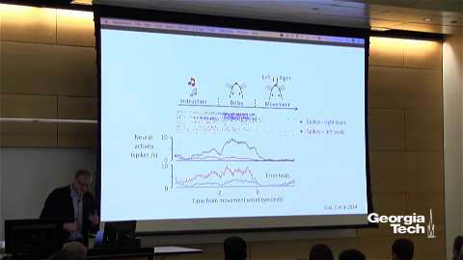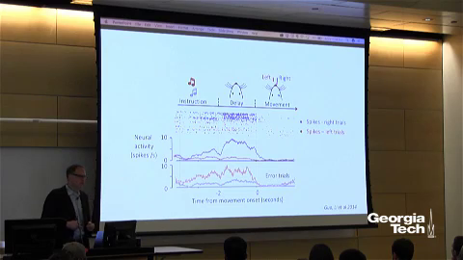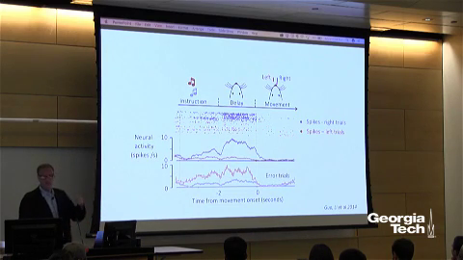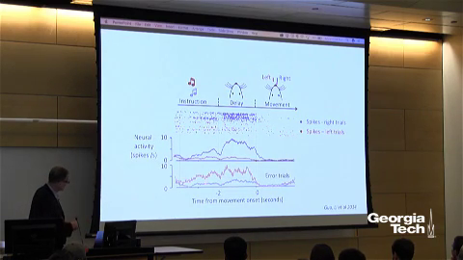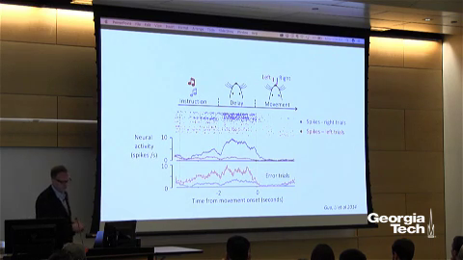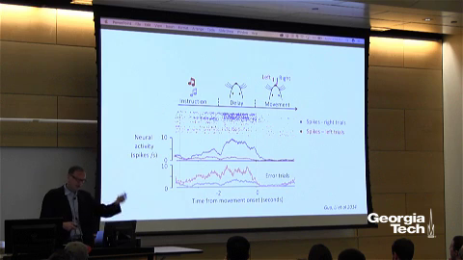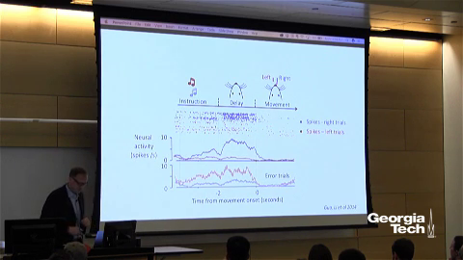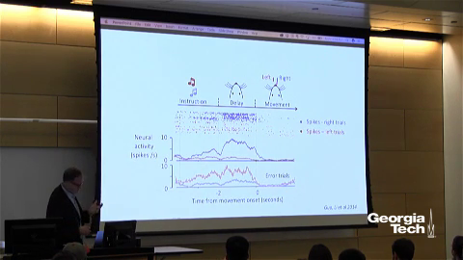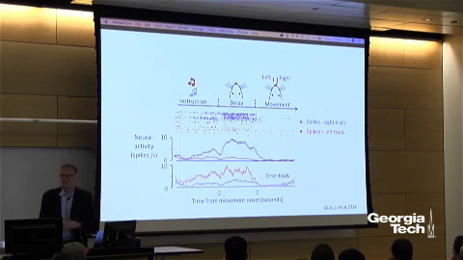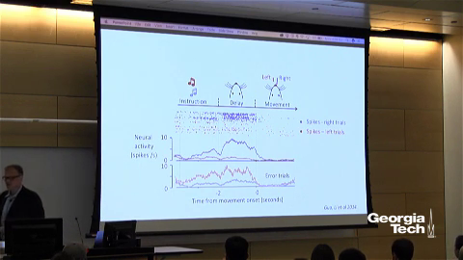Importantly, as required for preparatory activity, on error trials, when the animal is instructed to move left but actually moves right, the neuron becomes again selective. So this is a neuron that anticipates specific movements rather than caring about the past instruction. So this tells us really that we've developed a mouse system to study motor planning and short-term memory.